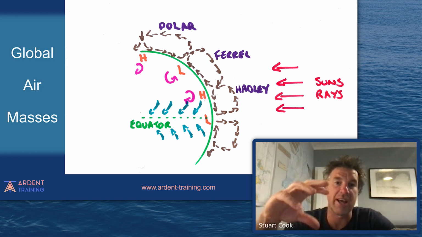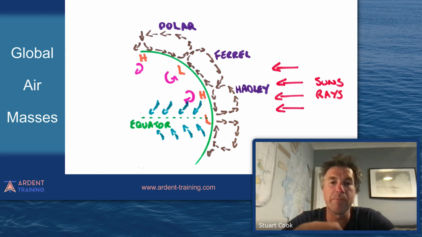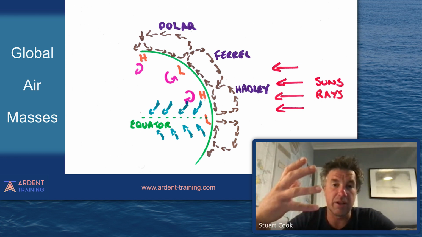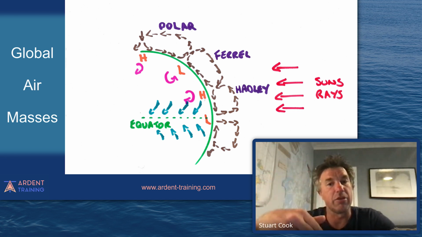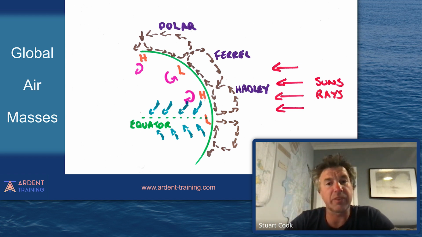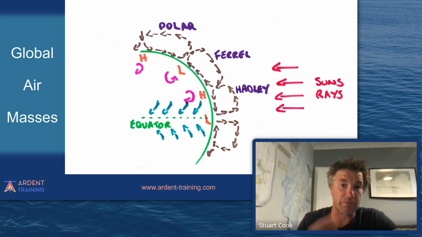The arrows in the cells are going from the high to the low. But on the surface of the Earth, that's allowing the airflow to travel from the high to the low. However, it doesn't just travel directly north to south or south to north in a straight line, directly from high to low, because of the Coriolis force.